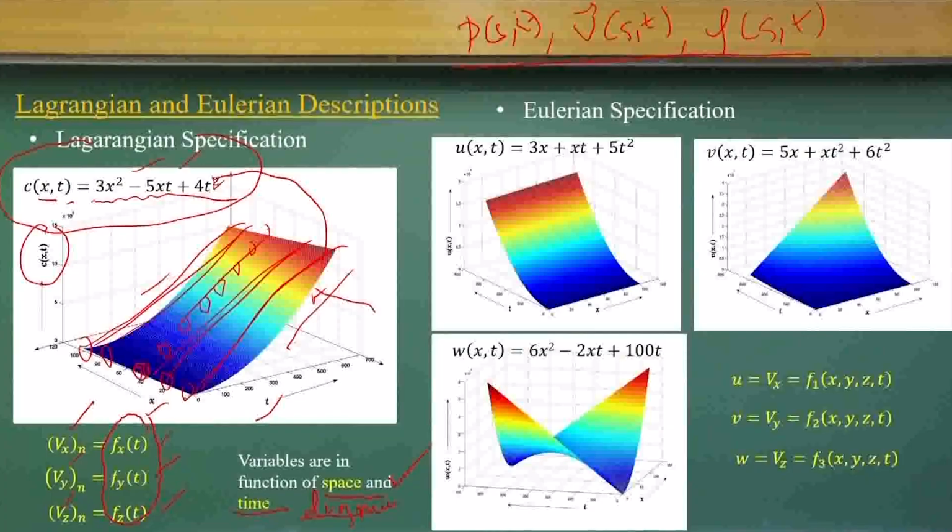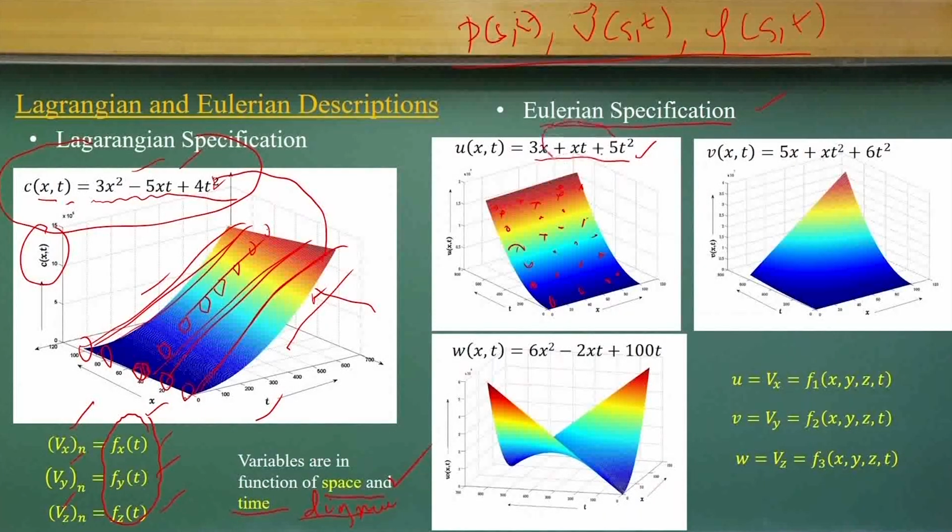Let me look at the Eulerian specification. In the Eulerian specification, what do we do? We measure the velocity using probes, a number of probes at different points and different locations. As you have done, measure the velocities and fit a function with an x and t diagram, and that is what defines the velocity field, which varies with respect to x and t.